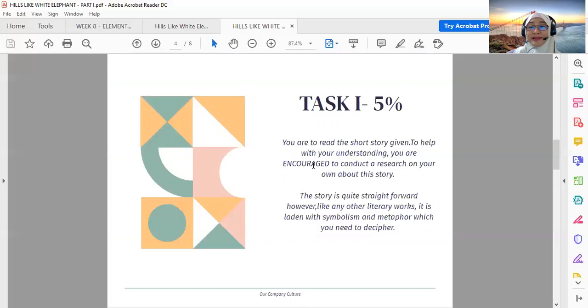However, like any other literary works, it is laden, or heavily burdened, with symbolism and metaphor, which of course you need to decode and decipher. It's about reading between the lines and trying to understand what sort of messages the characters are trying to portray or relate to the reader.